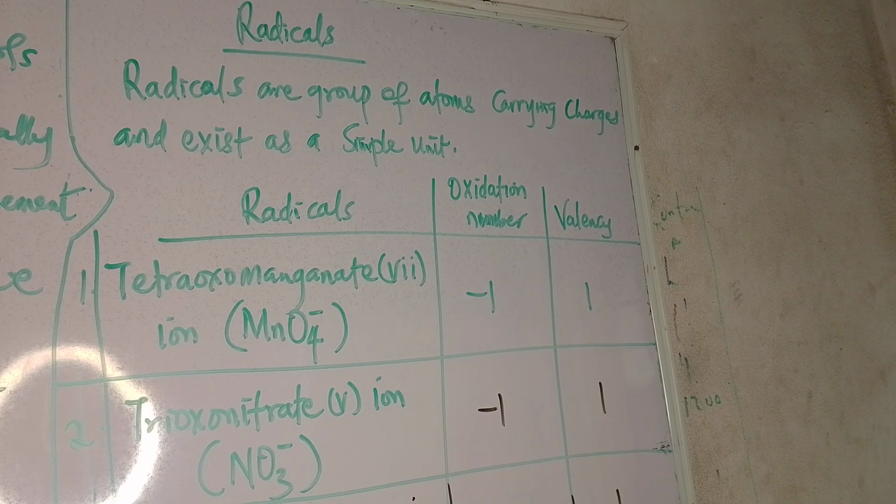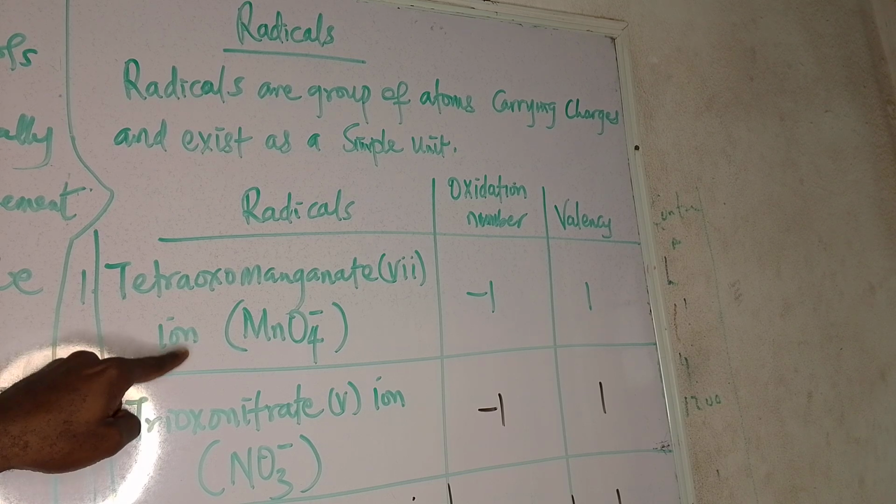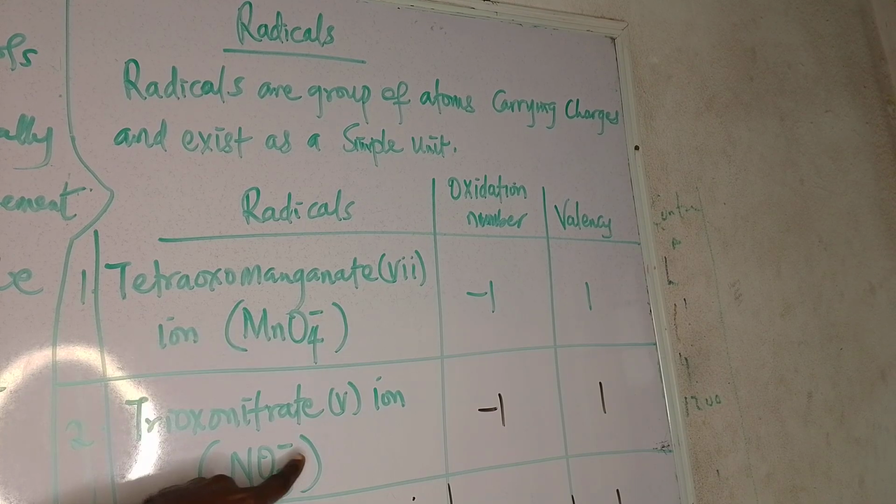Now, let's see examples of these radicals. We have tetraoxomanganate(VII). It is called an ion because there is a collective charge on top. That is why "ion" should be pronounced last.